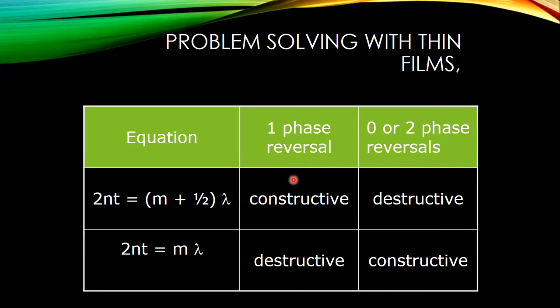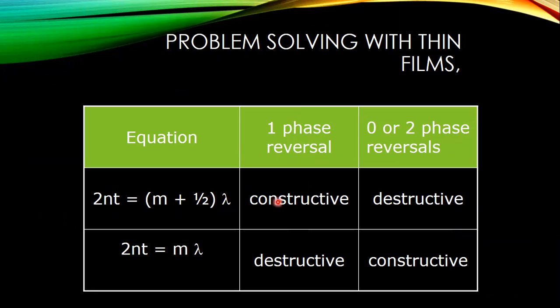So again, if we have a single phase reversal, this is the case of the soap bubble, you're going to get constructive interference when twice the index of refraction times the thickness is equal to some integer m plus 1/2 times lambda.